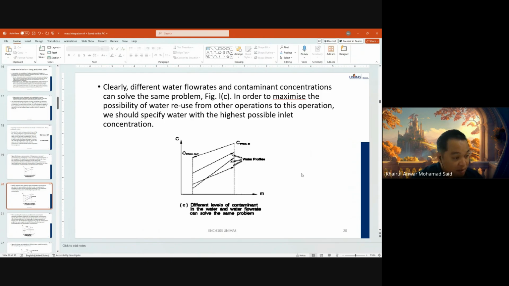By combining these individual profiles within the concentration intervals, we construct the limiting composite curve. The LCC represents the plant capacity to absorb contaminant across different purity.